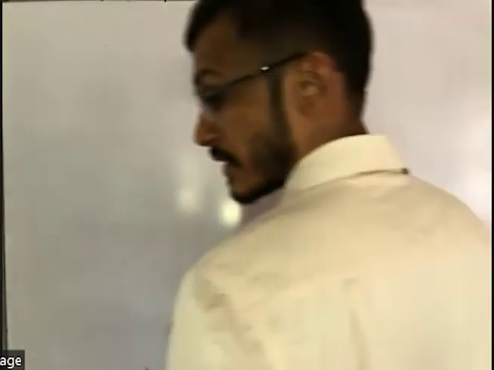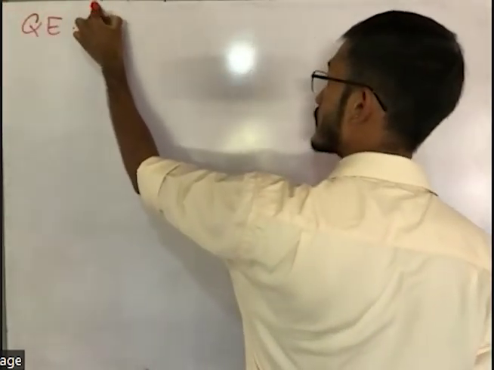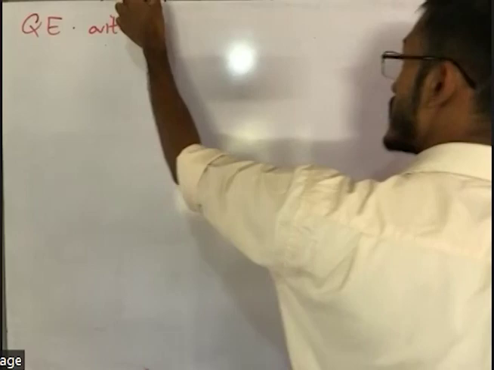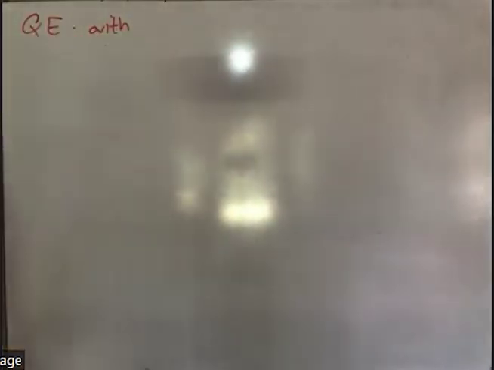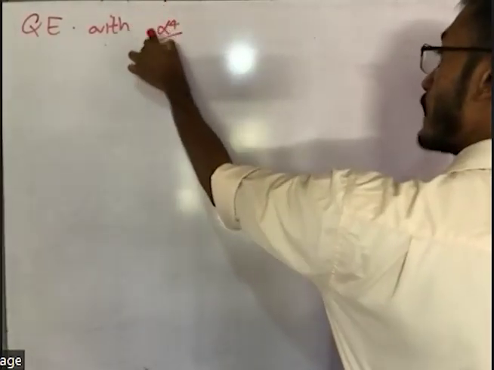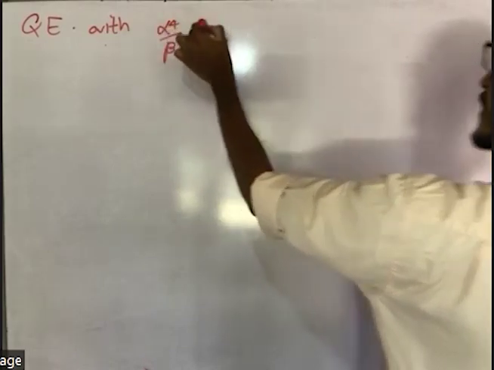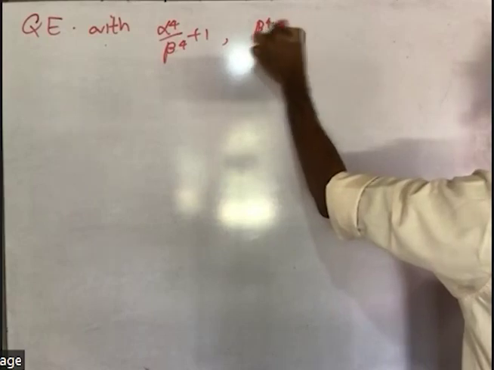Right. Now, they are asking us to derive the quadratic equation with roots alpha to the power 4 over beta to the power 4 plus 1, comma beta to the power 4 over alpha to the power 4 plus 1.